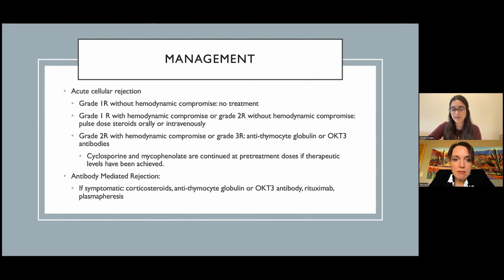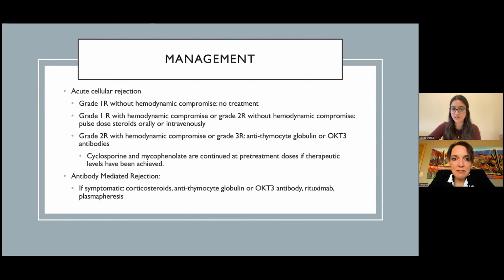Grade 2R with hemodynamic compromise or grade 3R, those are patients that are treated with anti-thymocyte globulin or OKT3 antibodies. And in these patients, their home medication, their cyclosporin and mycophenolate, if they're taking those at home, are continued at the doses that they were taking before.